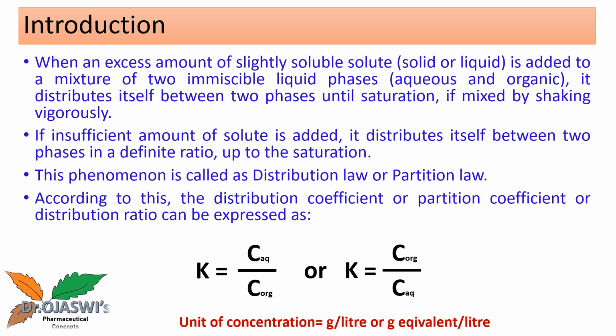There are no dimensions to this factor, and no convention has been established for placing the terms in the numerator and denominator, so it can also be expressed the other way. It is necessary to specify in which of these two ways the partition coefficient is being expressed.